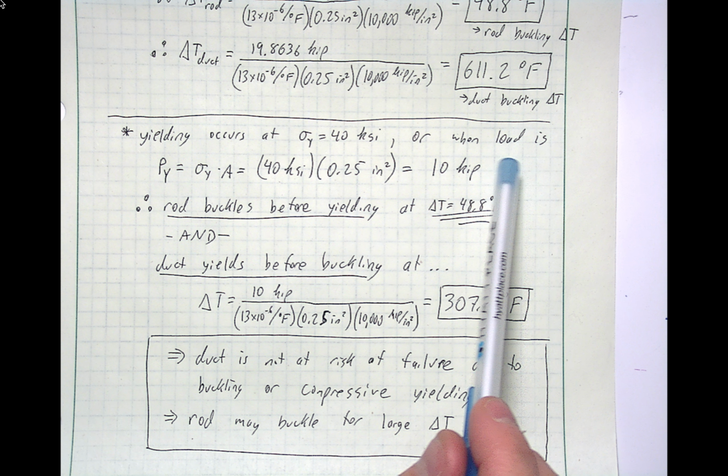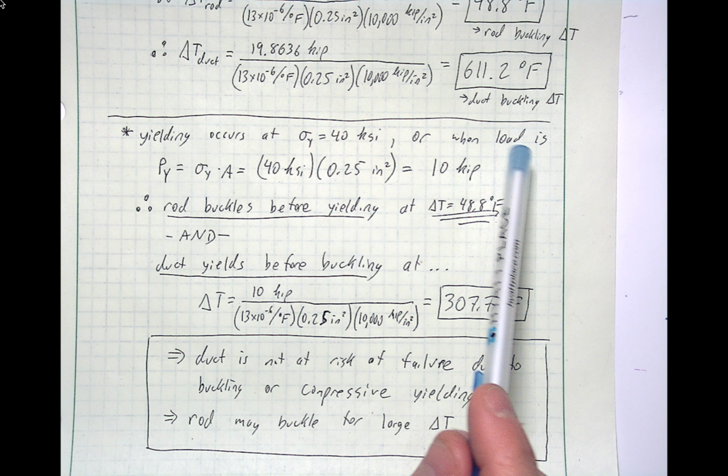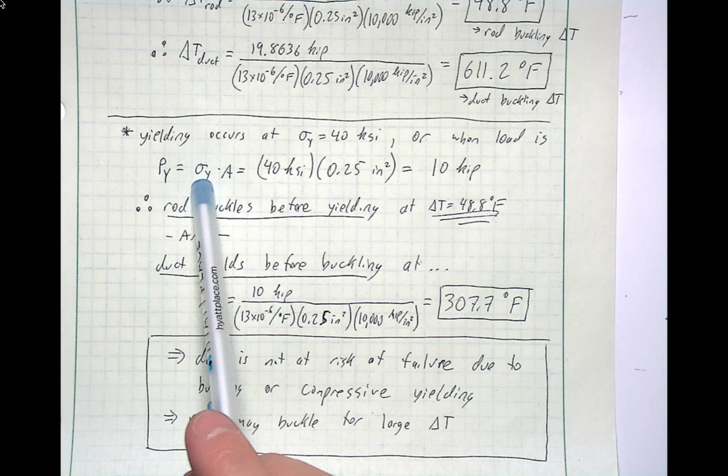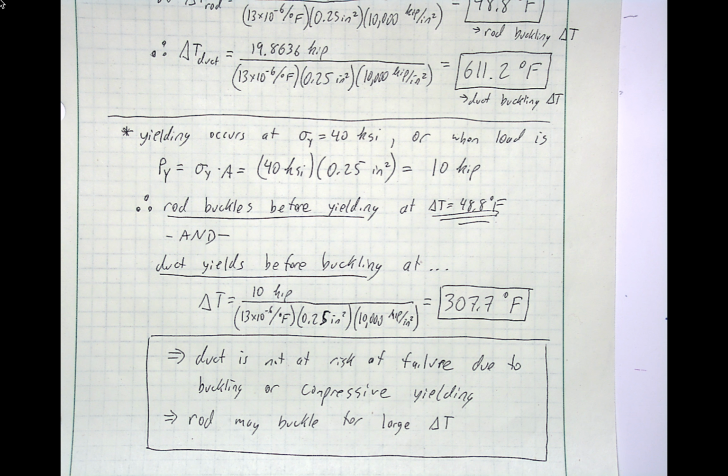And so for our columns here, our yielding load is just the yield strength times the area. Area is the same for both. So for both the rod and the duct, yielding will occur at 10 kilopounds.